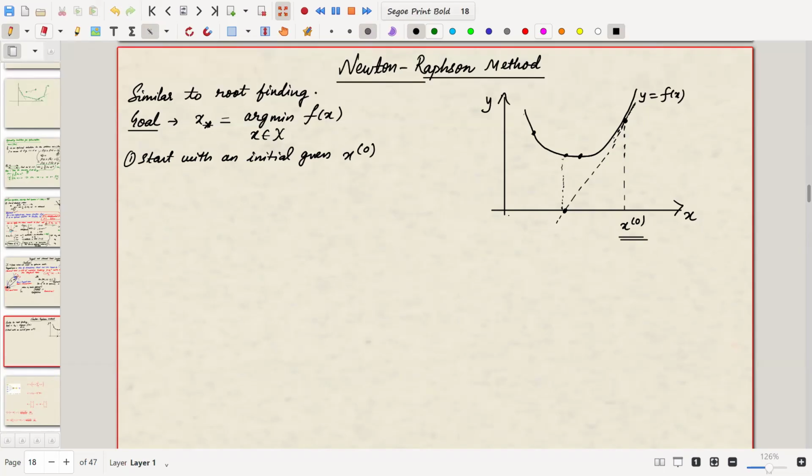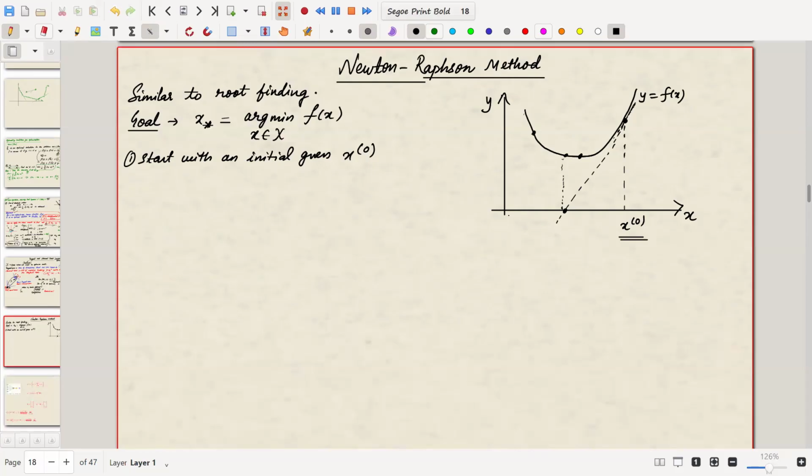How many of you understood this? Mr. Aditya? Take a random initial guess, that is x0. Take the slope. What is the slope at that point? You don't know the value, but you know it is positive.